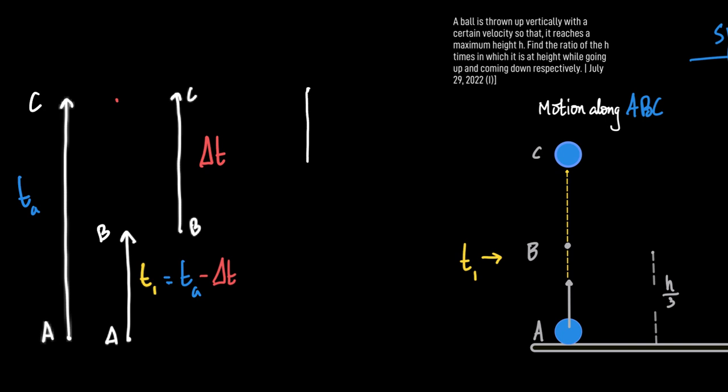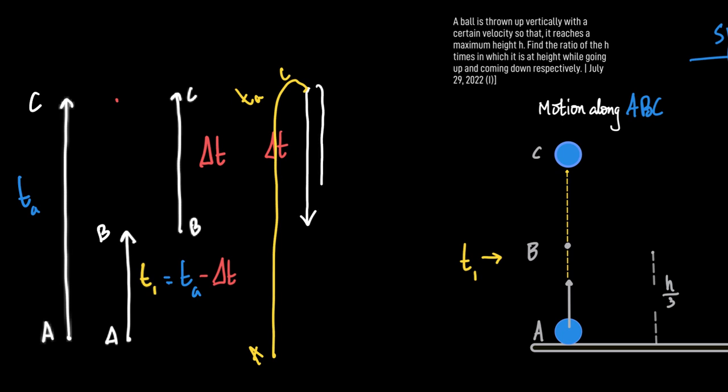Correspondingly, when the object is coming downwards, it will have delta T for some time, right? And it will cover the same time interval delta T downwards. From A to C, it has covered the time TA.